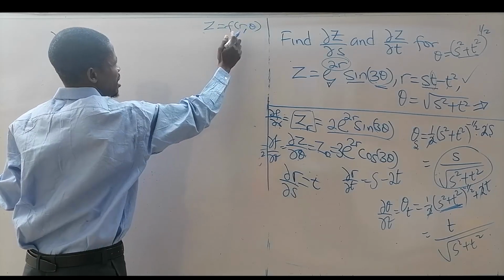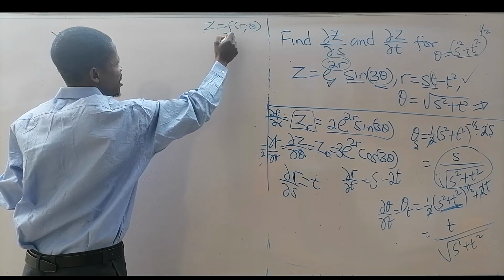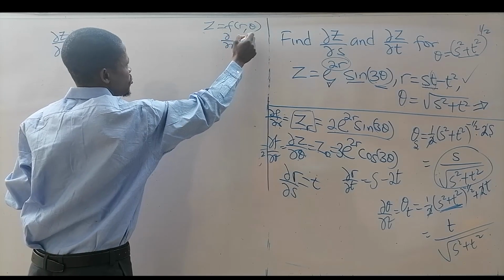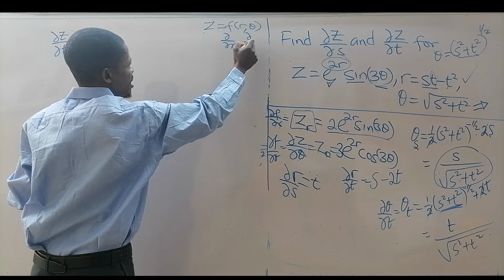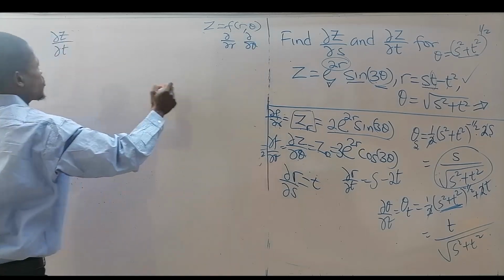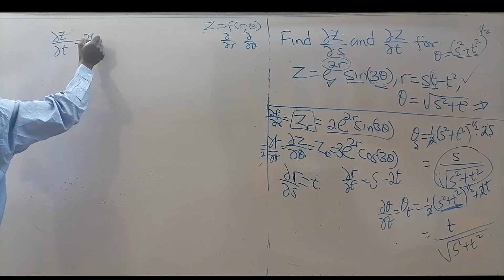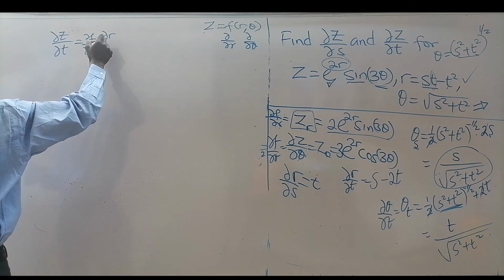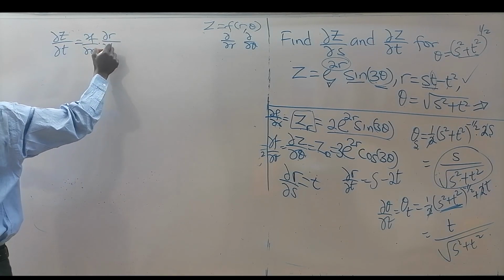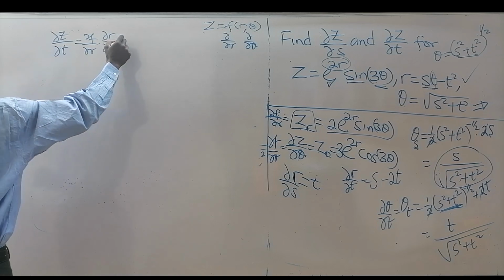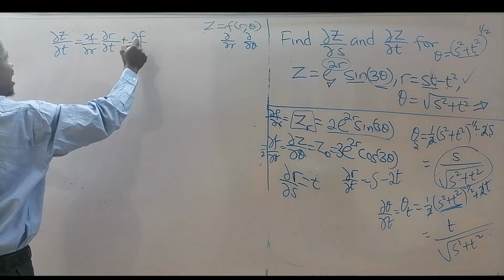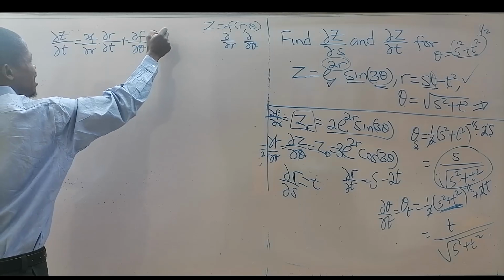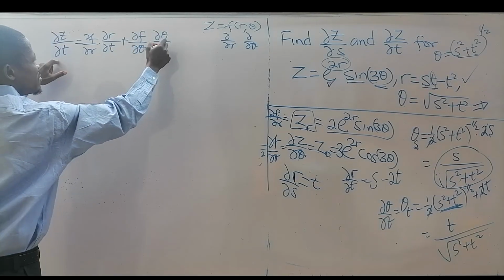So in this case now we're going to have partial differential with respect to r. Then we also need partial differential with respect to theta. So which is equal to del f del r times del r over del t, then plus del f del theta times del theta over del t.